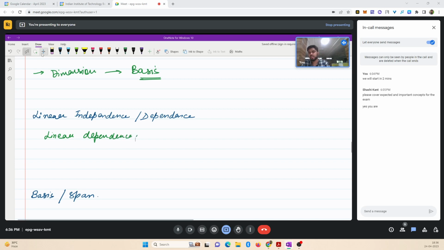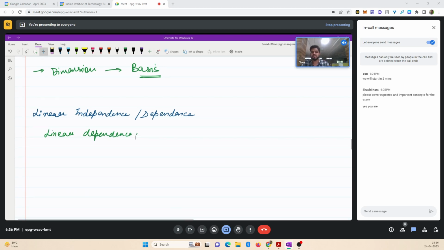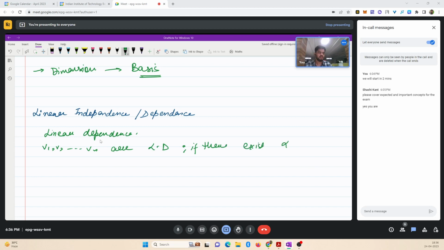So we talk about linear dependence of some vectors. We call v1, v2, ..., vn, let's say these are my vectors, linearly dependent if there exist some scalars alpha 1, alpha 2, ..., alpha n, not all 0.